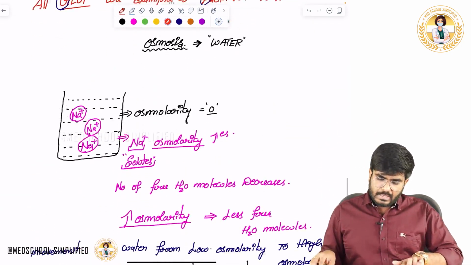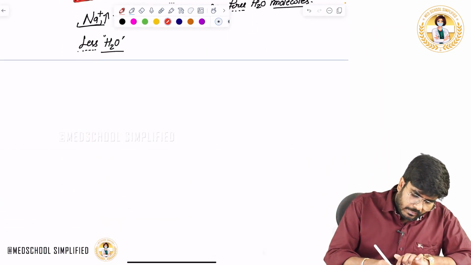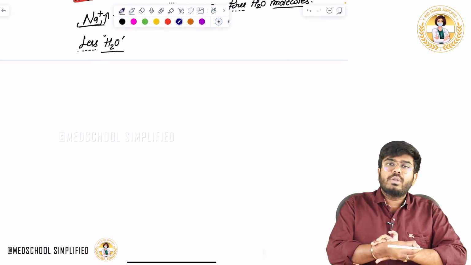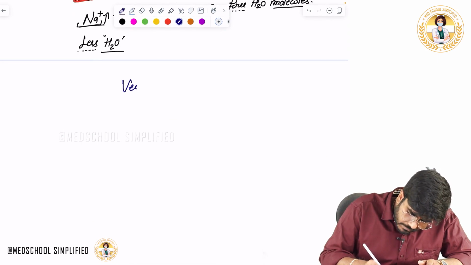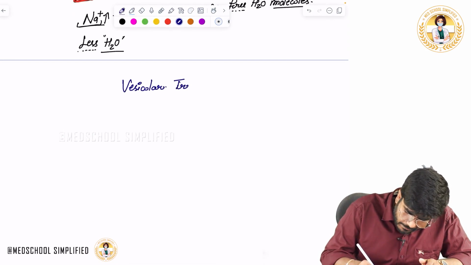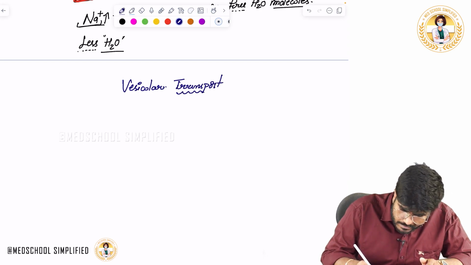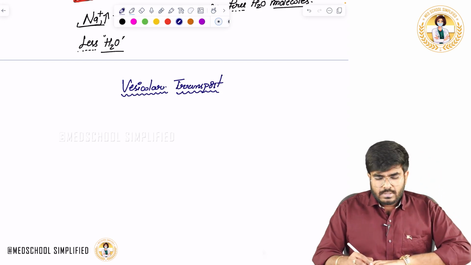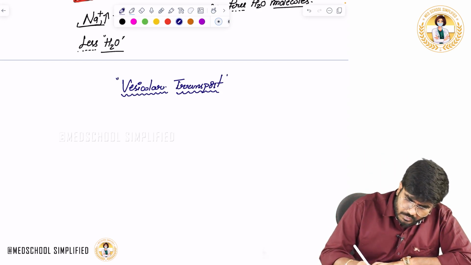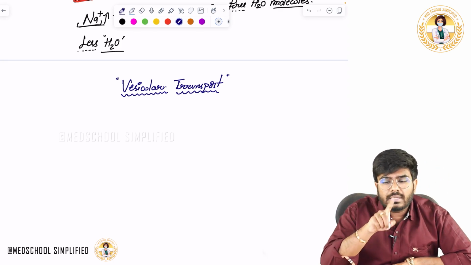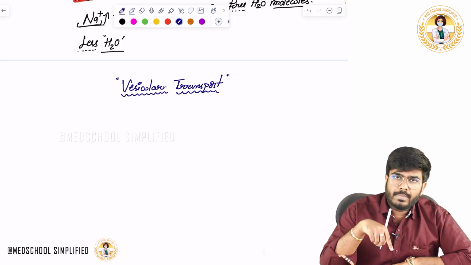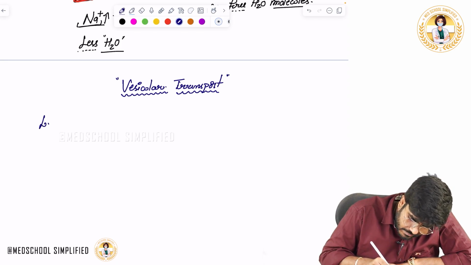Okay, done. Now after this, let me discuss a special type of transport which is called vesicular transport. Vesicular transport means the substances are transported across the cell membrane in the form of vesicles. Which substances?